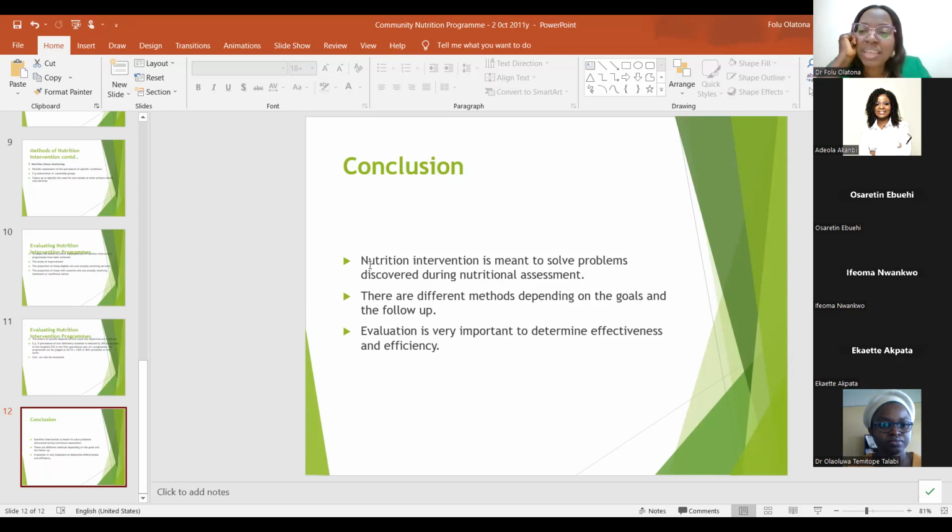So food fortification, whether that nutrient is existent in the main food or not, as long as you are adding food or nutrients to food, that is fortification. In fact, if what you are adding to pap is granules, which is food, we still call it fortification.